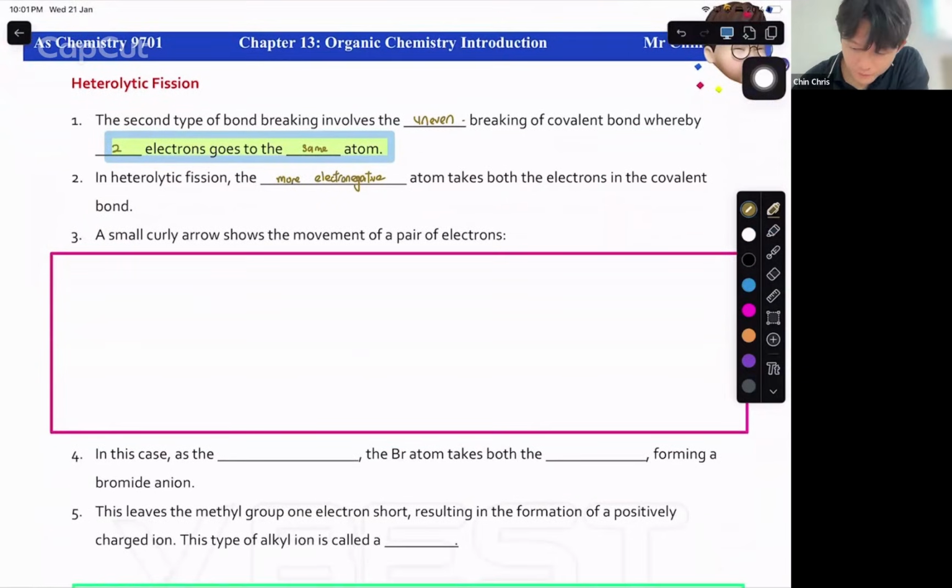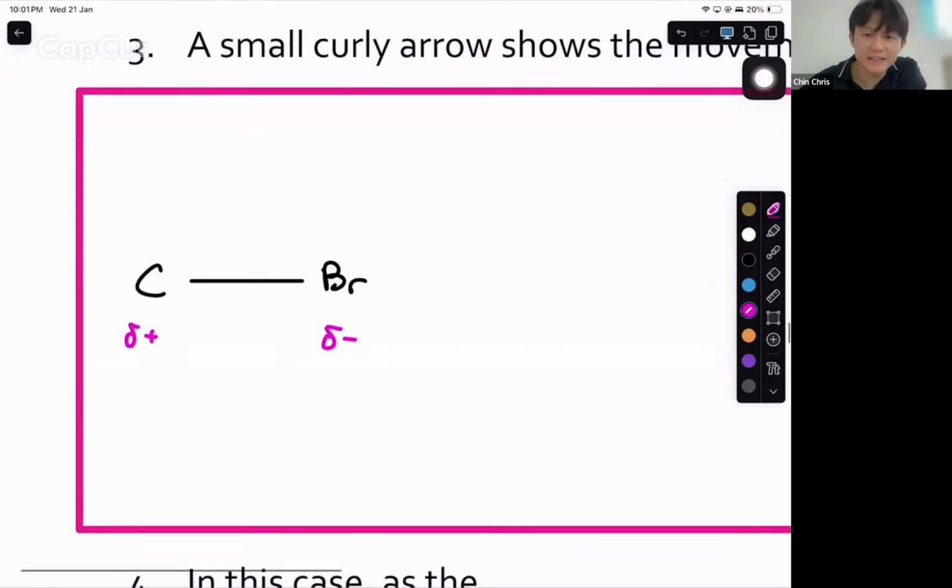A good example is C with a Br. Do you see that this fella, it's a guy dating a girl. And the Br is more electronegative, a toxic fella. So when this couple breaks up, the toxic fella is going to steal both electrons away.